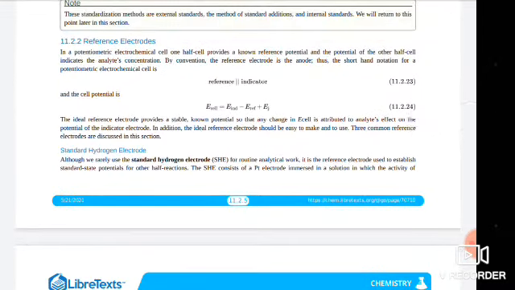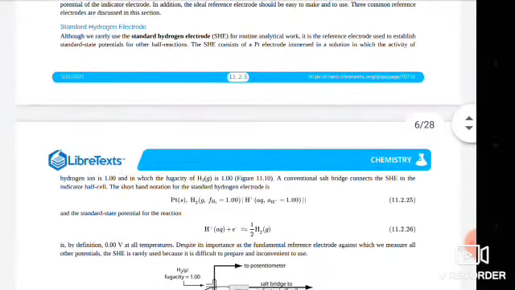The first one is the standard hydrogen electrode. Although we rarely use this type of electrode for routine analytical work, it is the reference electrode used to establish standard state potentials for other half reactions. The SHE consists of a platinum electrode immersed in a solution in which the activity of the hydrogen ion is 1 and the fugacity of hydrogen is 1.